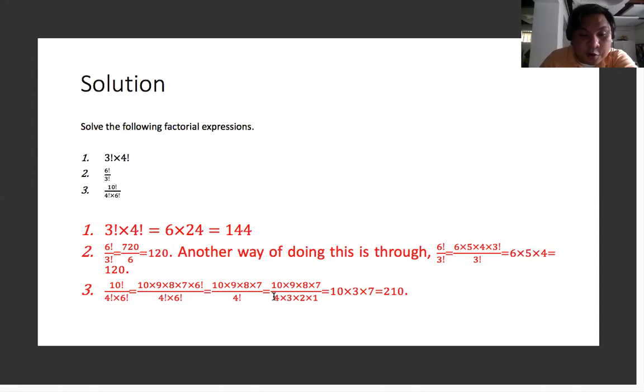Take note that 4 times 2 is actually 8. That means if we cancel out 4 and 2, we can cancel out 8 along with that. That removes 8. So in the numerator, you'll have only 10, 9, and 7 left. And in your denominator, you only have 3 left because 4 and 2 disappeared.